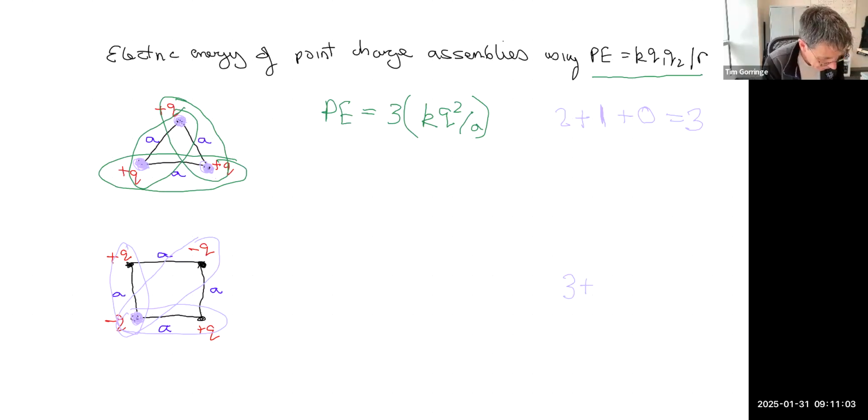The third pair in our unique pairs of interactions is the interaction between this bottom left negative charge and this top right negative charge. So it's an interaction between two like charges, and they're actually separated by a greater distance. This distance between opposite corners, by trigonometry, it's not a, it's bigger than a, obviously. It's the square root of 2 times a by Pythagoras' theorem.